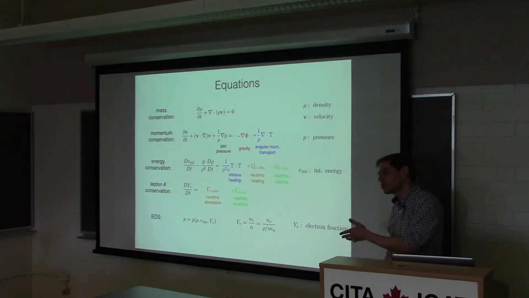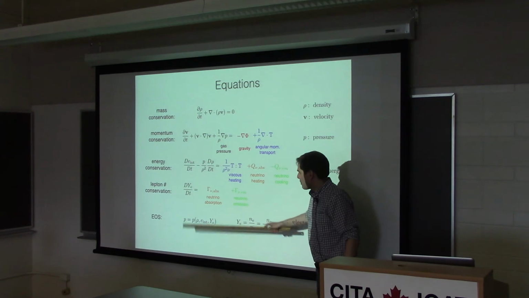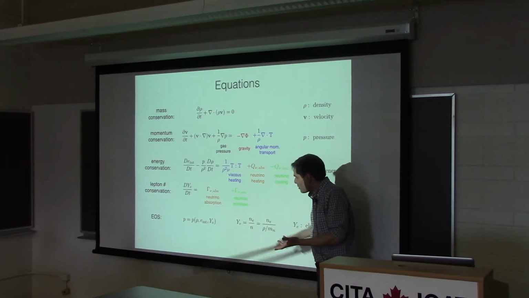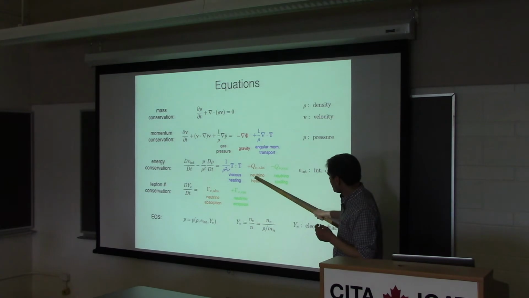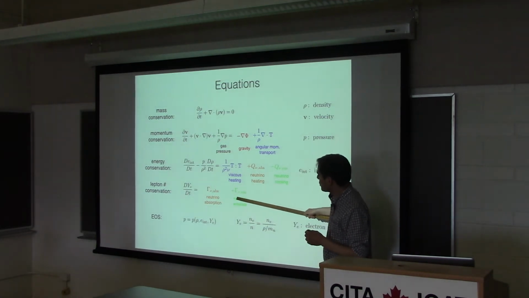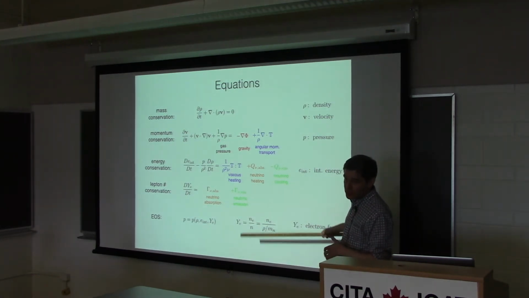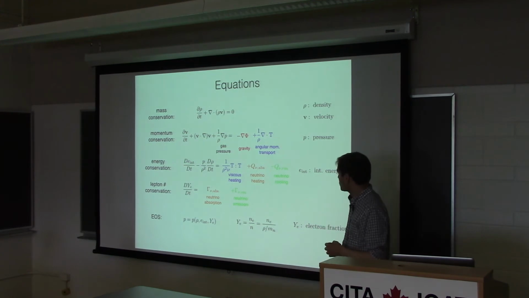There are neutrinos and antineutrinos, primarily electron-type, which can convert protons into neutrons and vice versa, and they alter the electron fraction, which is a single number that tells you what the actual composition looks like. So we have the neutrino terms that affect both lepton number conservation and energy conservation, because there can be heating or cooling depending on the energy loss or gain.